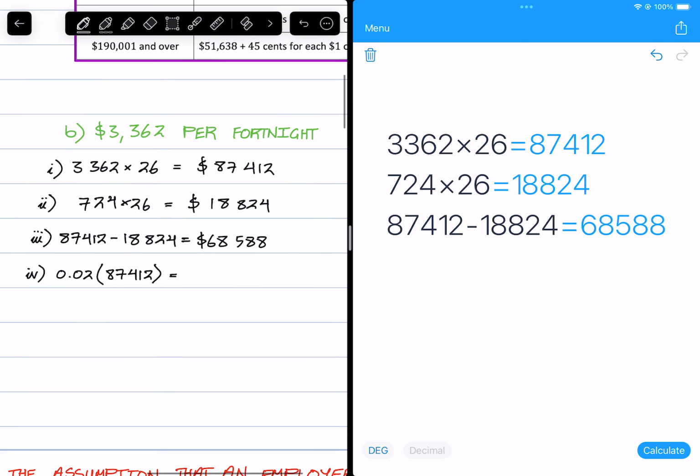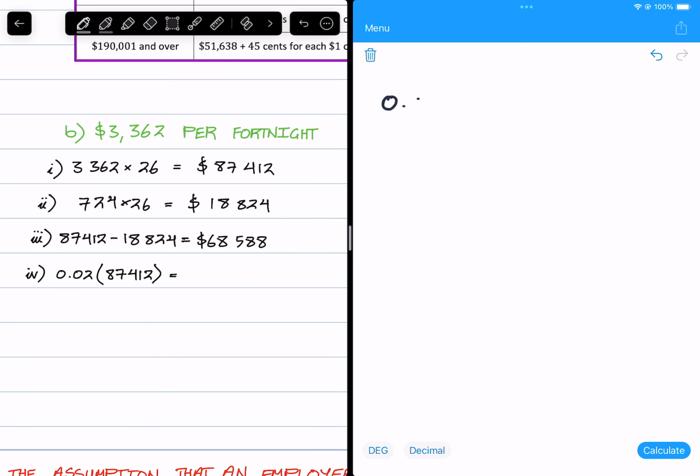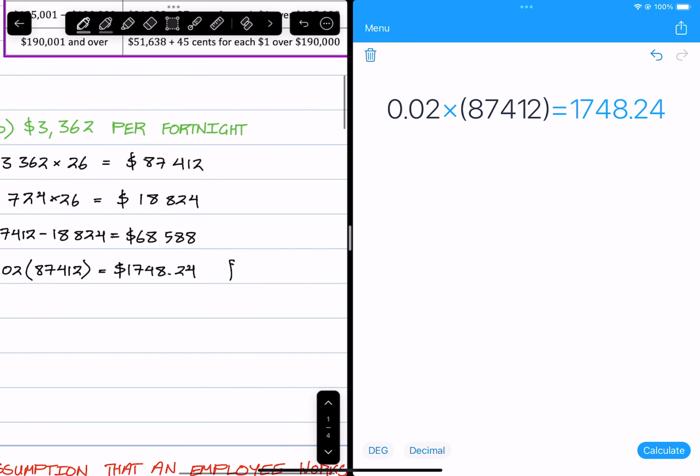So this is the Medicare levy. So 0.02 times 87,412. This amount is the Medicare levy, $1,748.24. So this is the Medicare. We can write that in.